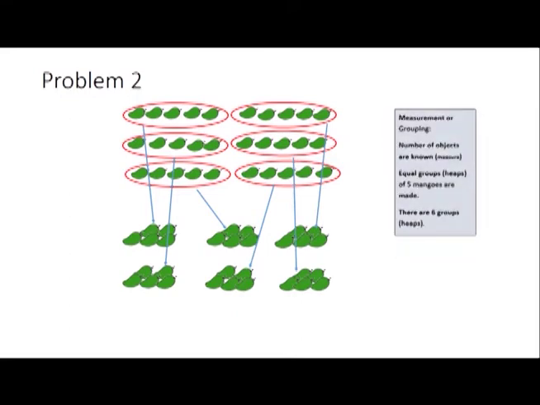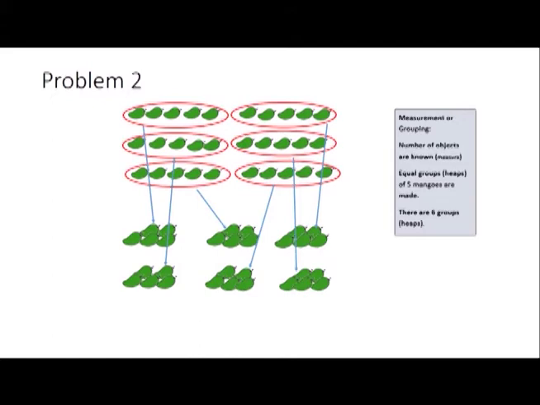Right, so in measurement or grouping division, we know the number of objects to be measured. We know that we have 5 mangoes. What we didn't know at the time is how many heaps we were going to get. We made equal groups or heaps of 5 mangoes, and then we found out that we got 6 heaps in all.